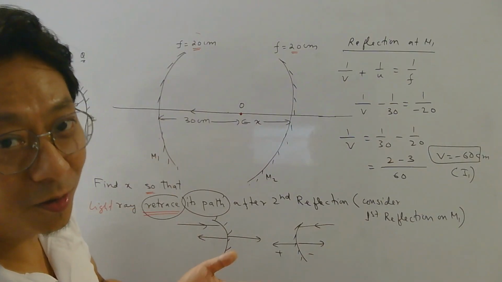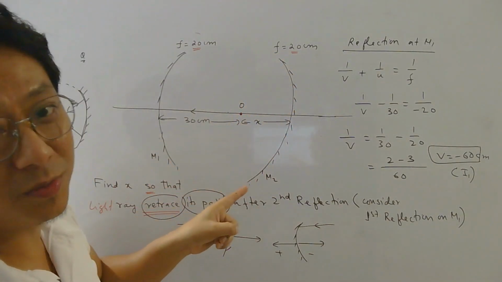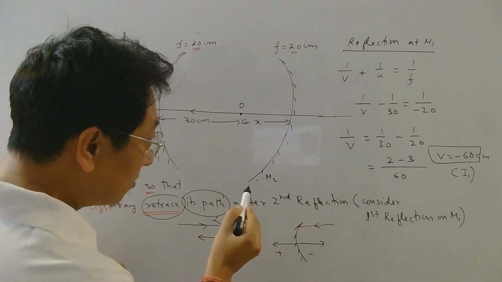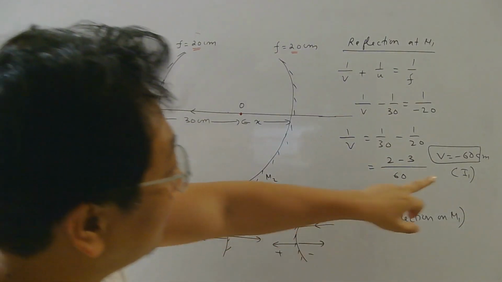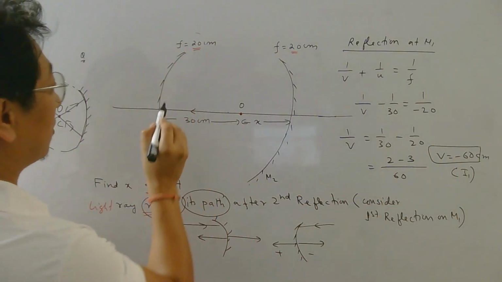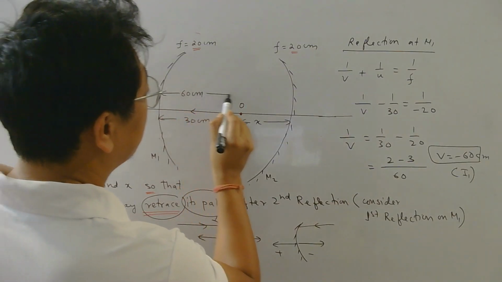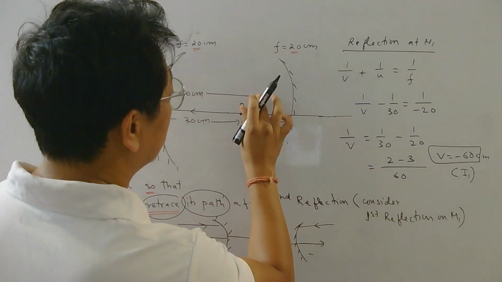And we already know, to retrace the path for this mirror, the object should be at the center of curvature. And who is the object for this mirror? The image made by the first one, right? And where is it? 60 centimeter from the first one. So 60, let's say, is somewhere here, okay? So therefore your image I1 should be here.